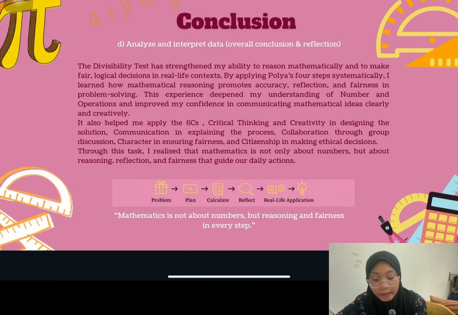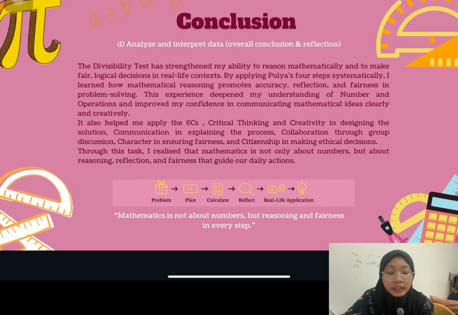It also helped me apply the 6Cs: critical thinking and creativity in designing the solution, communication in explaining the process, collaboration through group discussion, character in ensuring fairness, and citizenship in making ethical decisions. Through these steps, I realized that mathematics is not only about numbers, but about reasoning, reflection, and fairness that guide our daily actions.